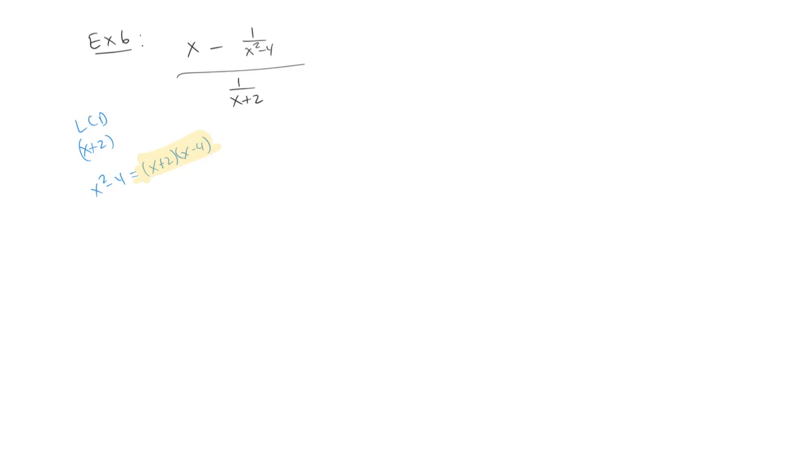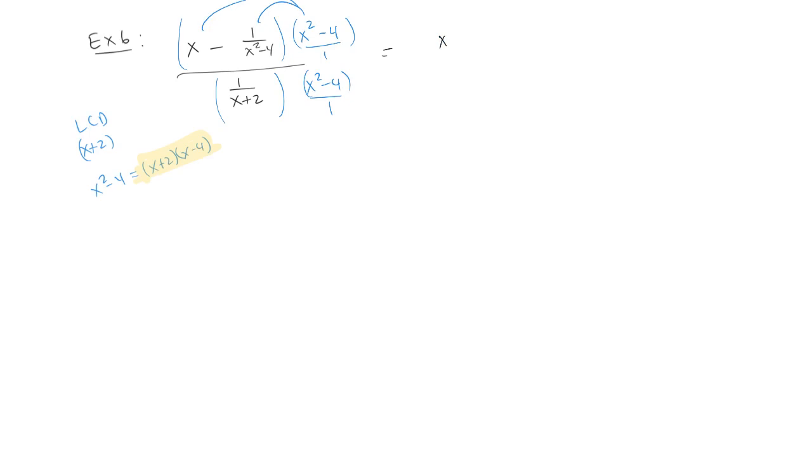Okay, so I'm going to deal with this complex fraction by multiplying by the least common denominator, which is x squared minus 4, x squared minus 4 all over 1. Okay, so now I have to distribute that in the numerator.